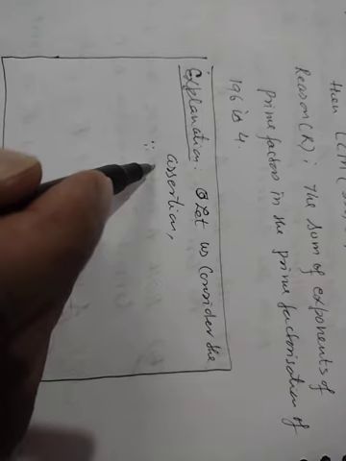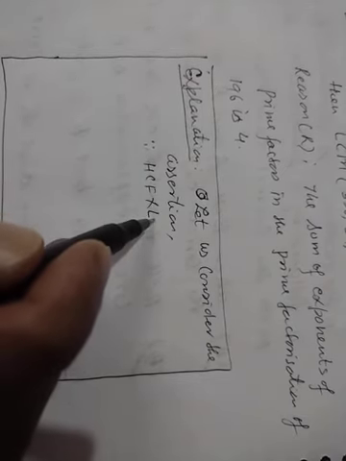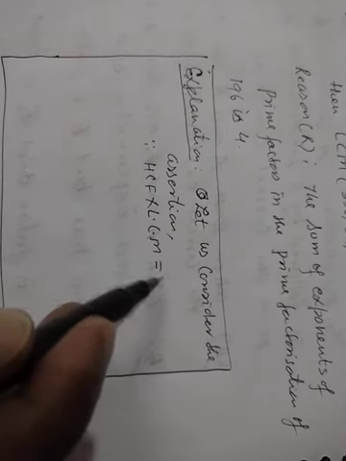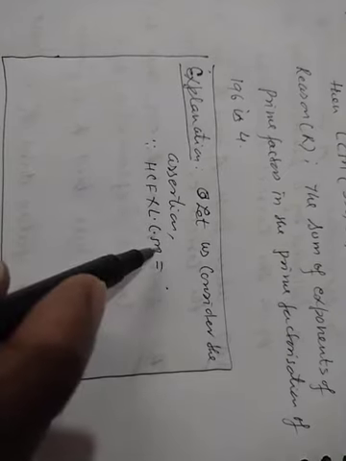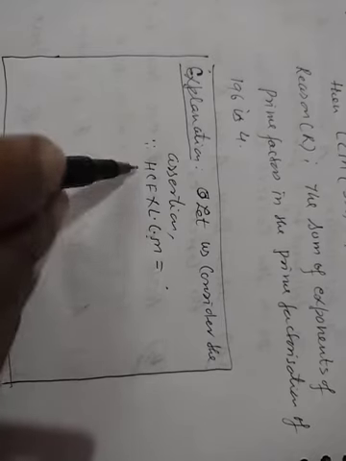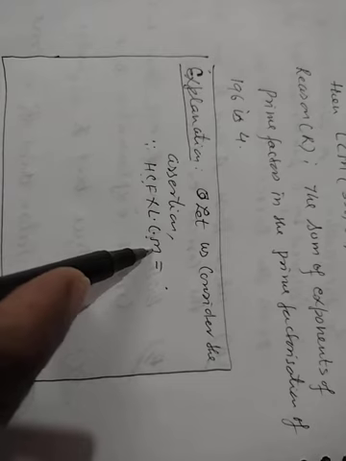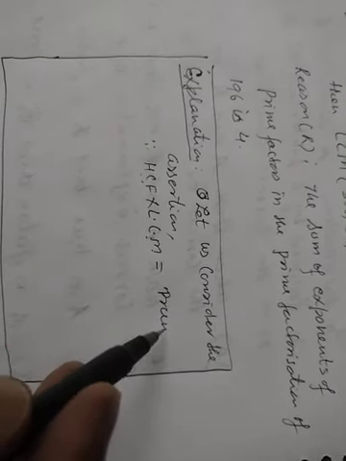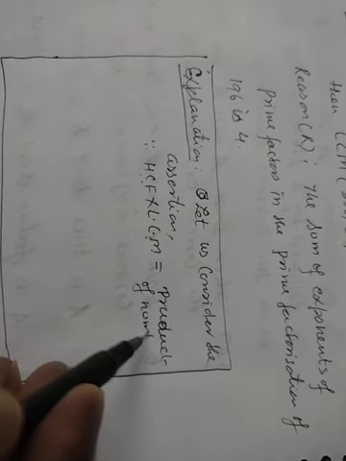Since we know that the multiplication of HCF and LCM is equal to the multiplication of the two numbers. If there are two numbers, then this statement is correct: the product of HCF and LCM of two numbers is equal to the product of the numbers.